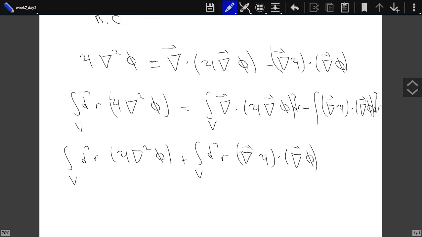So we have these two volume integrals. Whatever these functions phi and psi are, these volume integrals have to be equal to the surface integral over the boundary of this volume.